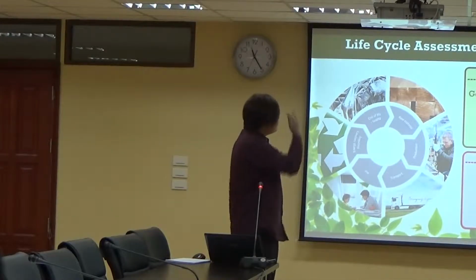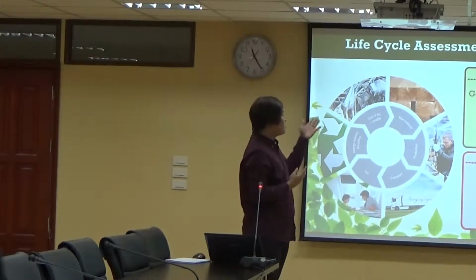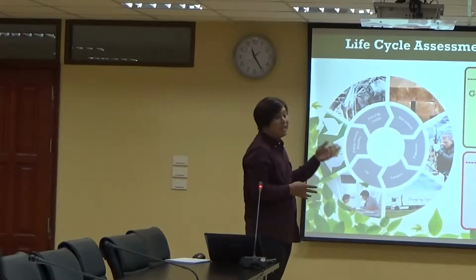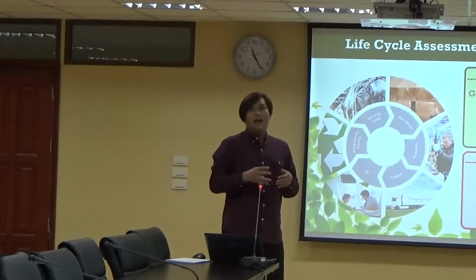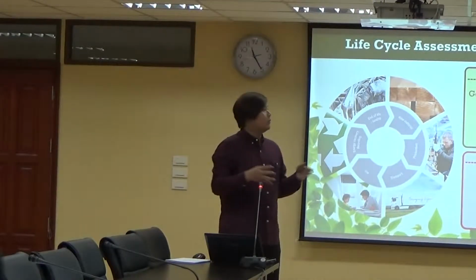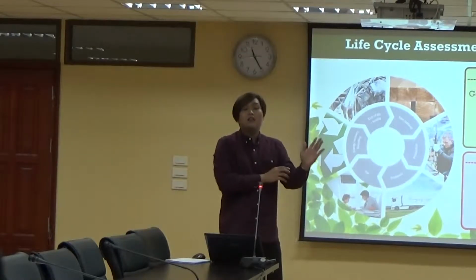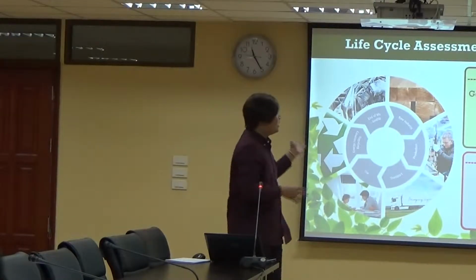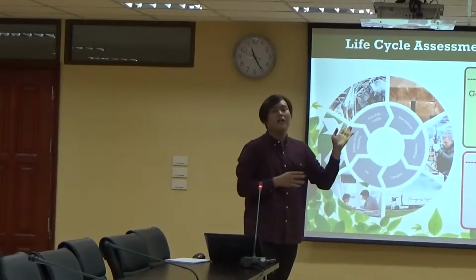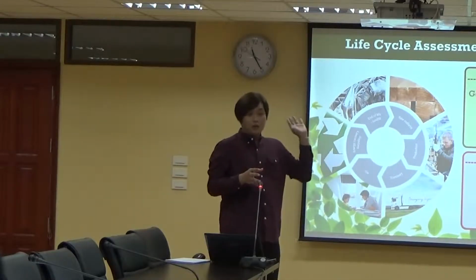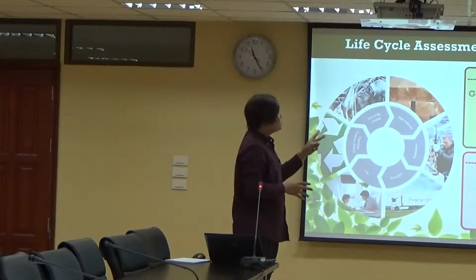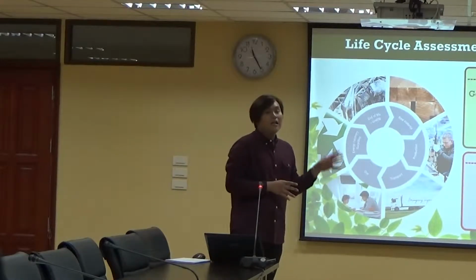From the picture you will see the scope of LCA. The first one is gate to gate. You will analyze starting from the entrance of your factory, through the production, to the product. The second scope is cradle to gate.